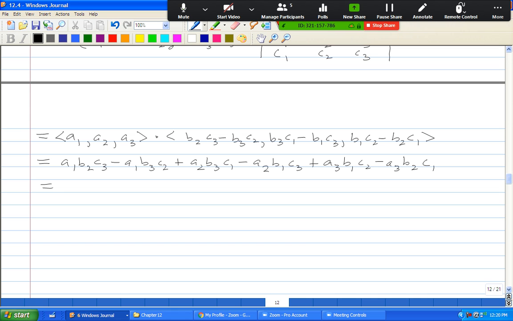let's do C1 first. Okay, so C1, so it'll be A2, B3 minus A3, B2, which is good. That looks like a cross product. Plus, let's do a C2.